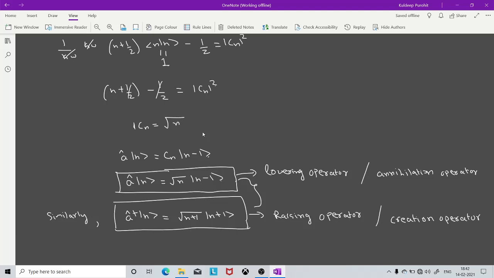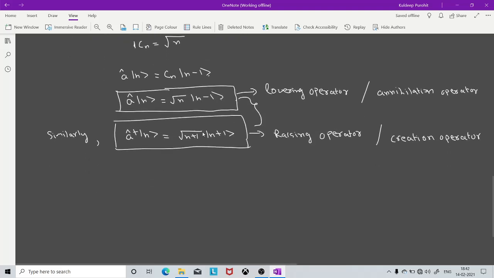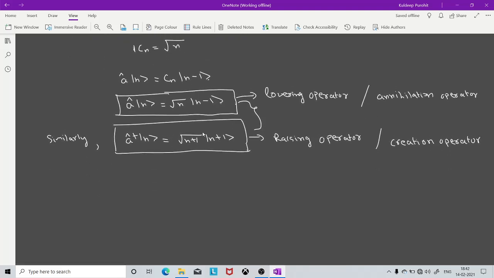In fields such as quantum field theory, when we are talking about bosonic particles, we come across the same states, and there these operators are responsible for creation of a photon and destruction of a photon. So there those things come into play, but here we will use the terminology lowering operator and raising operator. So this was our discussion on lowering and raising operators.